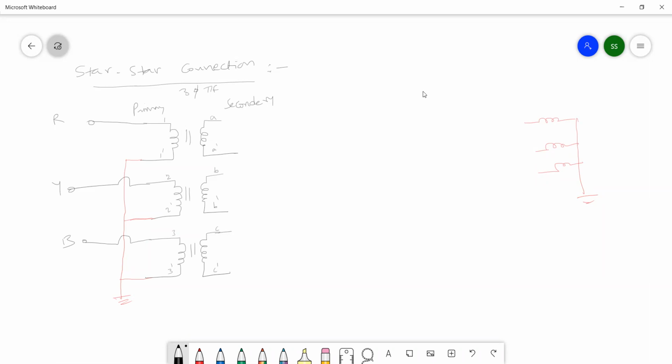In a similar manner, will you draw for secondary side? So secondary side, what are the parameters we need to mention? Once again, you can see the secondary side should be the mirror image. See here, A dash, B dash, C dash. All similar ends we need to join together. Let us see 1 dash, 2 dash, 3 dash.